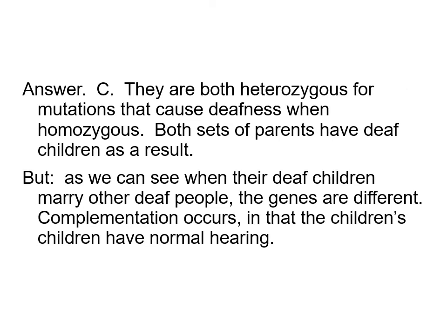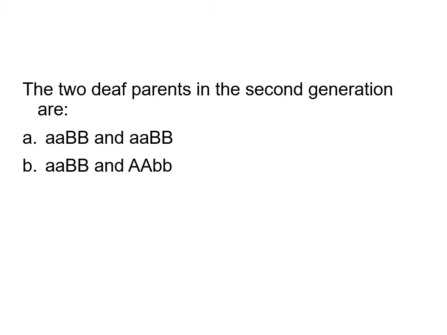All right, so the idea, of course, is that both of the parents were heterozygous for mutations that cause deafness, and they had deaf children as a result. But we can see that the genes are different because the children will have normal hearing. Okay, so the two deaf parents in the second generation are little a, big B, or both, or little a, big B, and big A, little b.